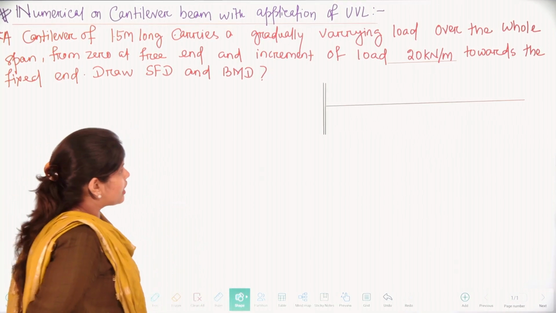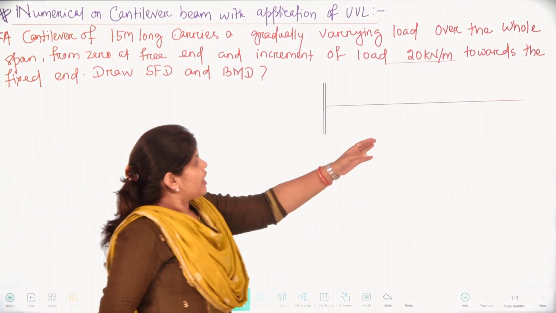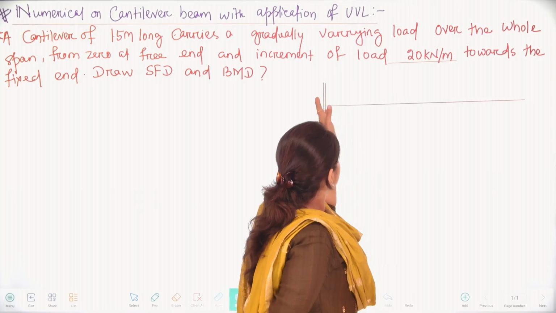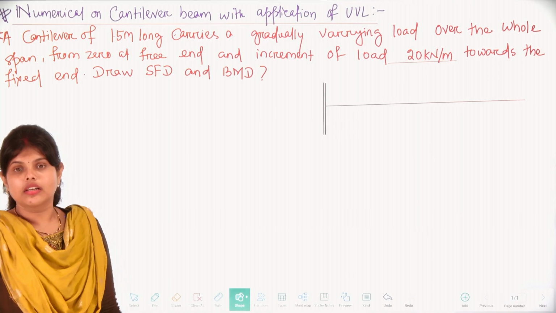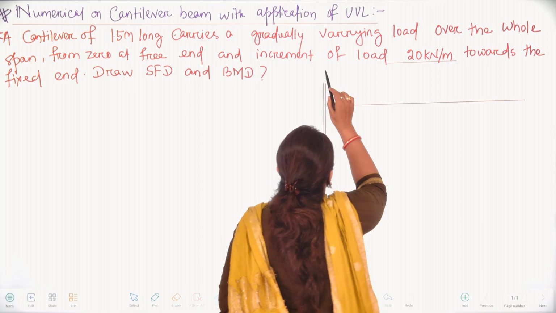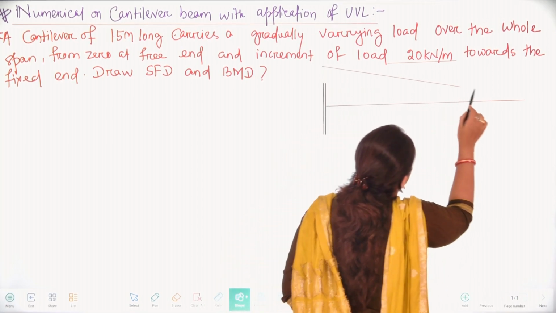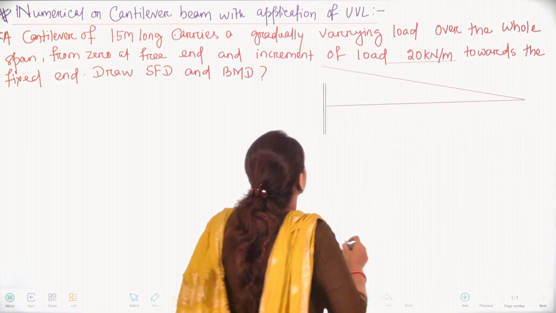This gradually varying load will be 0 at the free end and will increase to 20 kilonewton per meter towards the fixed end. The drawing will look like this. Okay, let's join it.